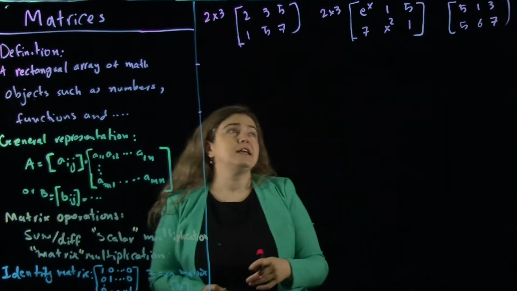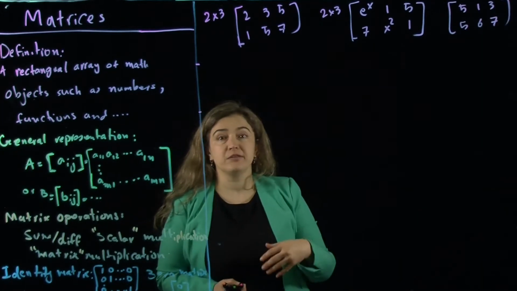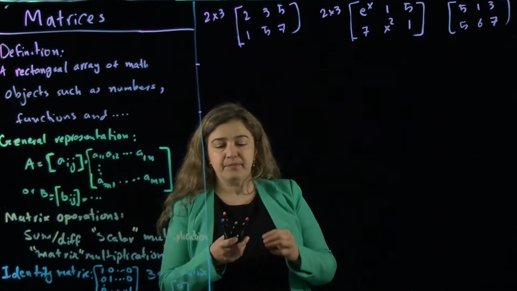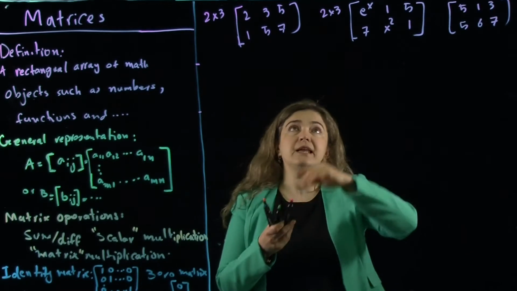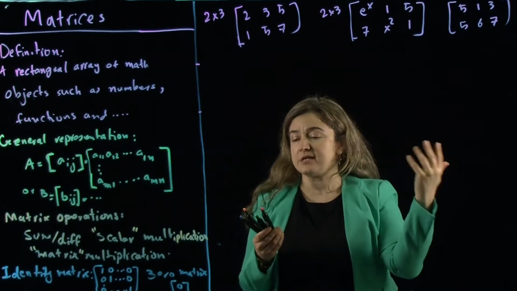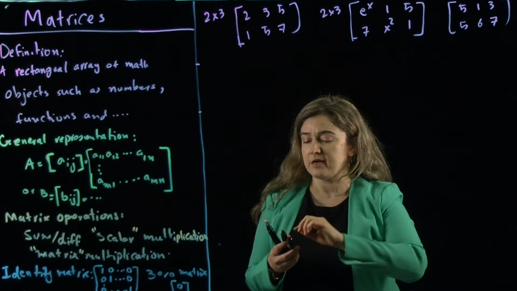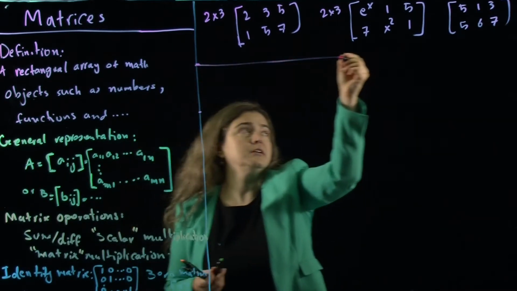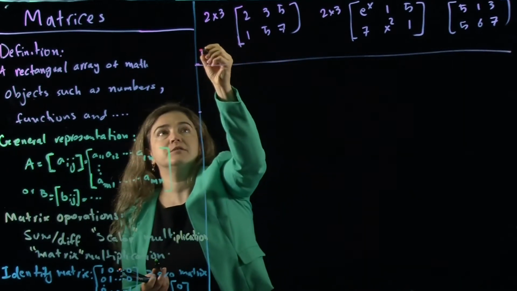So basically any array of 2 by 3 mathematical objects. And the dimension can change. All the examples that I gave first are 2 by 3. Now, these were examples.